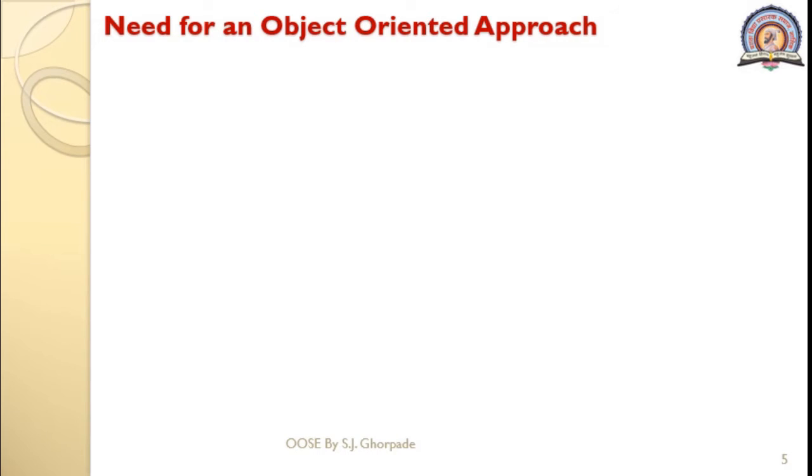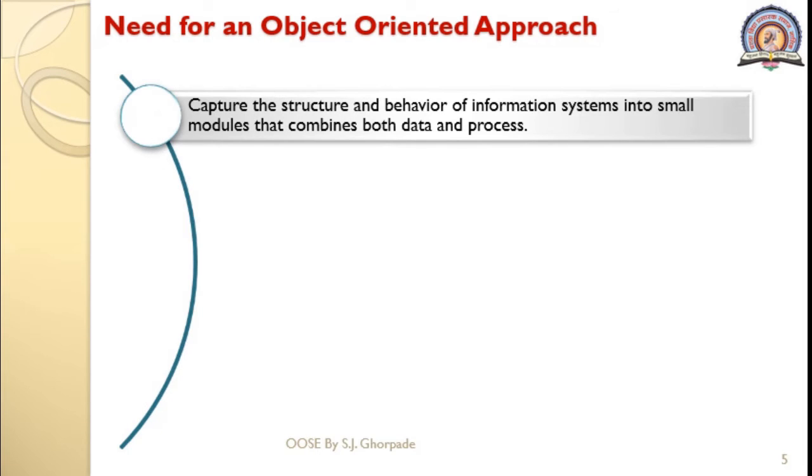Now, need for the object orientation approach. The first requirement is to capture the structure and behavior of information systems into small modules that combine both data and process.